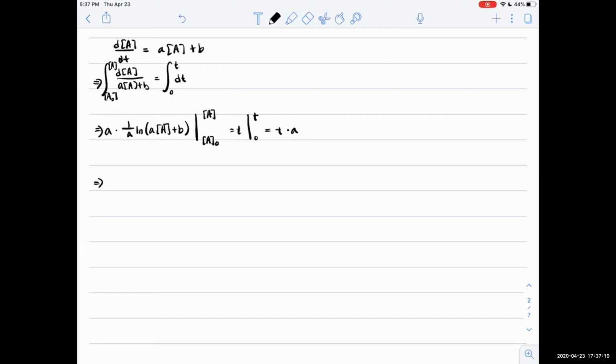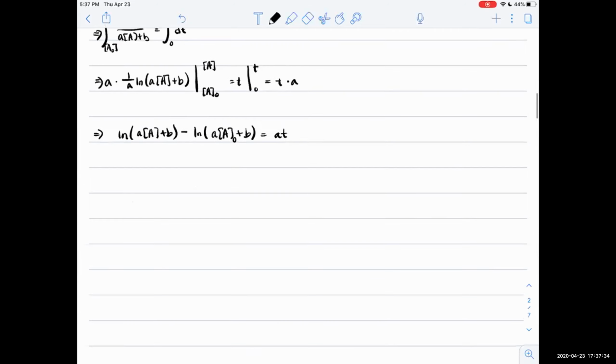And ultimately, it's going to be ln of a times the concentration of A plus b, minus ln of a times the initial concentration of A plus b, equals at. Then we know the nature of the natural log: we can divide the inner terms if you're subtracting those natural logs.